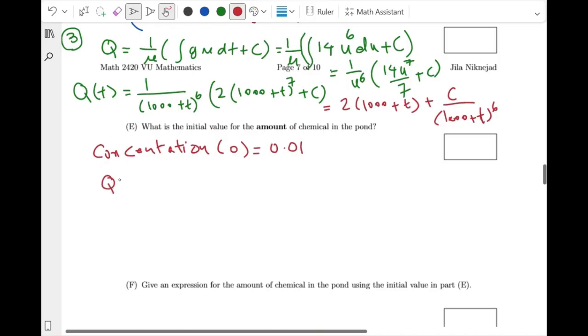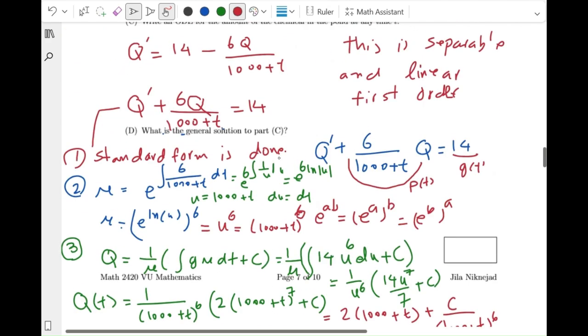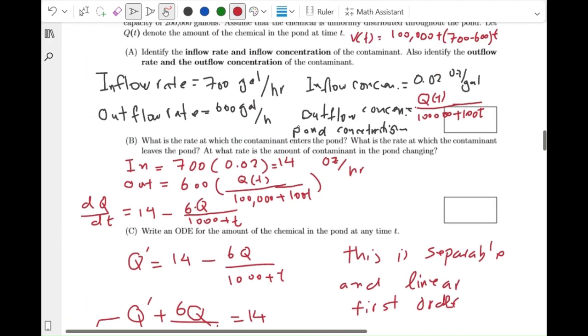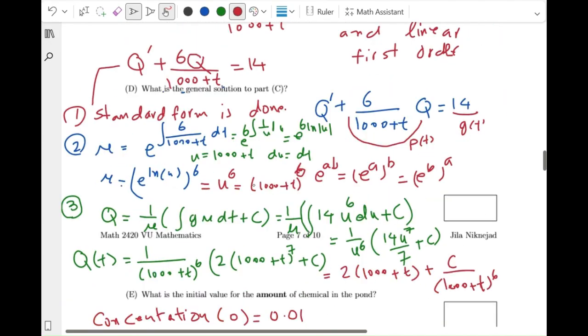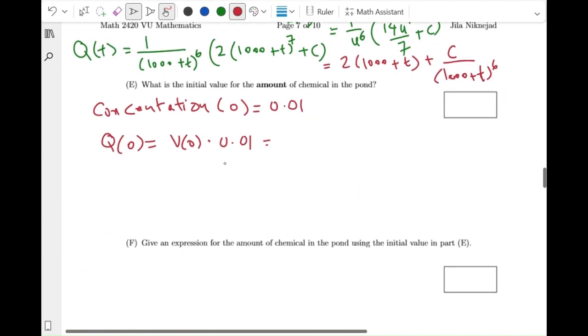Q at 0 is equal to V at 0 times 0.01. V is 100,000 plus 100 times T. So if I plug in 0 for T, I get 100,000 times 0.01, which is 1,000.